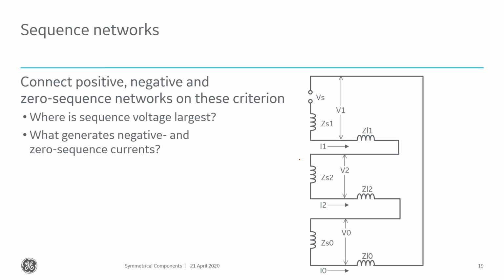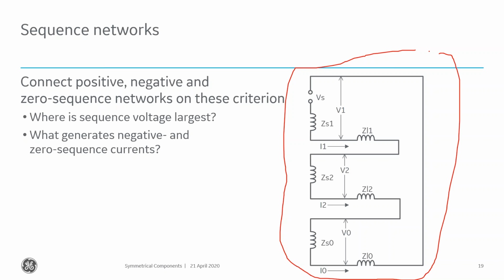We'll talk about why in a few minutes, but what I show on the screen right over here is how these sequence networks interact for a phase to ground fault. One of the key things we'll have to realize is how these three separate networks connect and interact for different faults and different fault types.